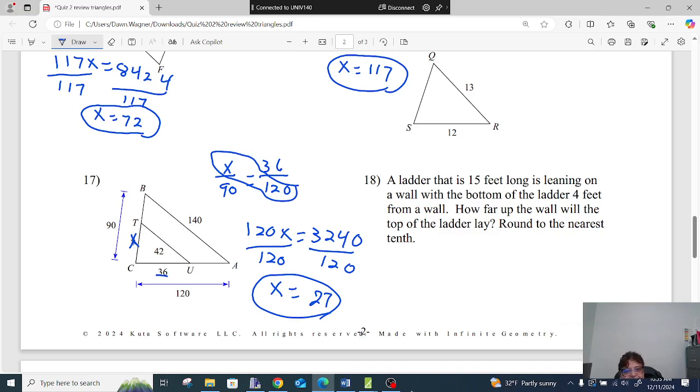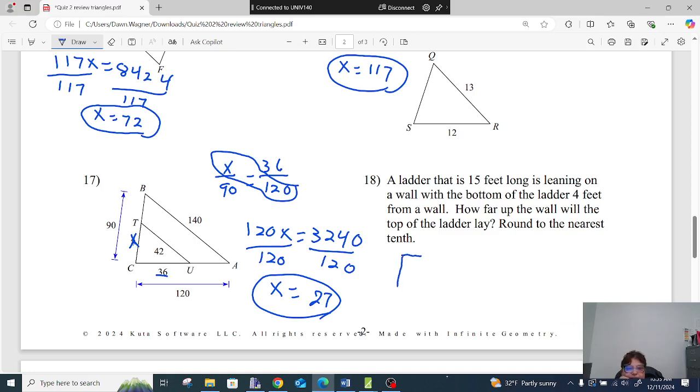These are Pythagorean theorem word problems. I should have put a similarity word problem on there. And I should have put parallel lines and transversals because we did those on Thursday, but I didn't want to make the test too long. Okay, a ladder that is 15 feet long is leaning on a wall with the bottom of the ladder 4 feet away from the wall, right?